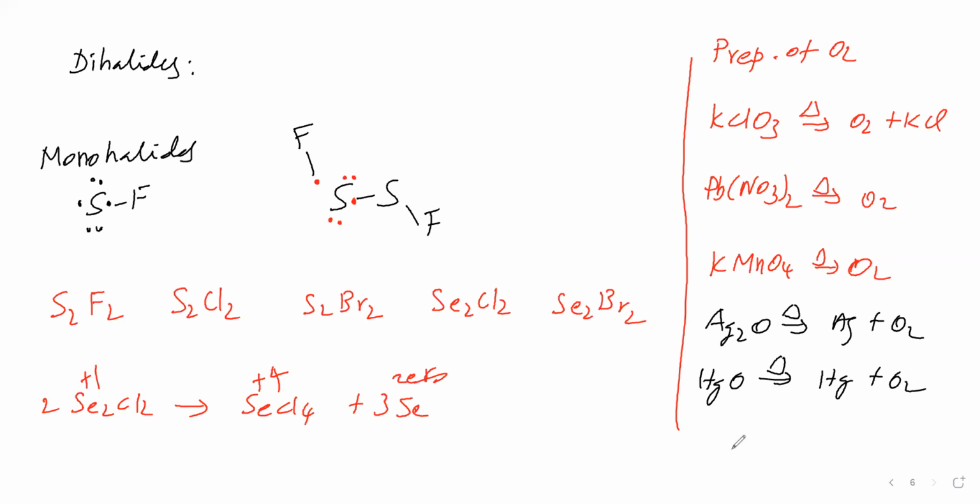Lead dioxide undergoes disproportionation to give lead monoxide and oxygen. Then hydrogen peroxide easily decomposes to give water and oxygen. That's why hydrogen peroxide is stored in plastic bottles in order to suppress its decomposition.